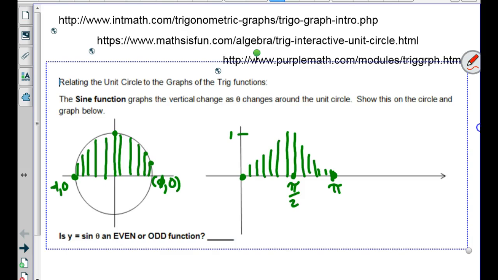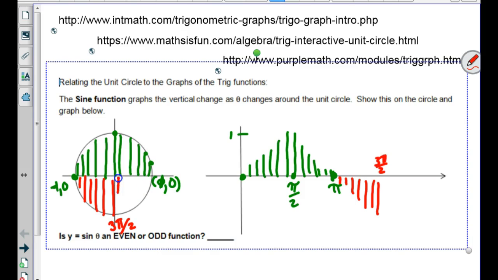Then what happens to the y variable when we get down here? It's getting longer and longer, but it's what? Negative. So it starts out short and it gets longer and longer, but it's negative until we get to here, which in radians is 3 pi over 2.